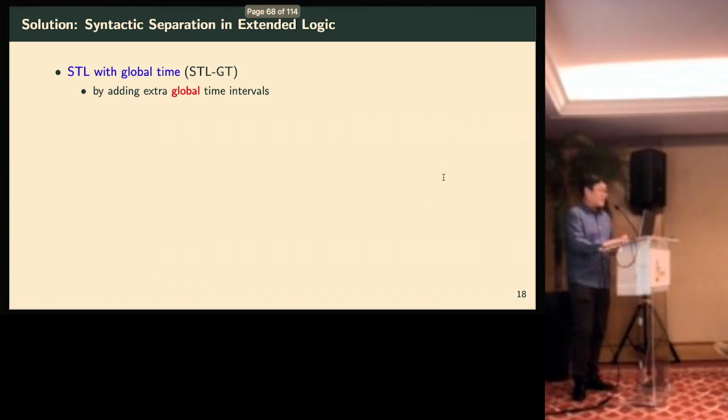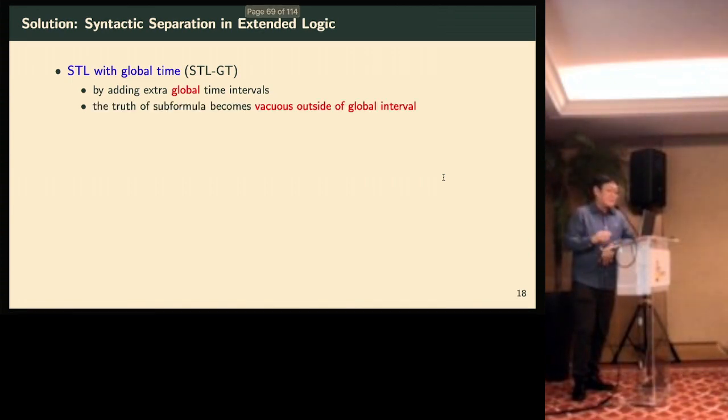Therefore, actually, just consider a slight variation, STL with global time. Okay, so related to another question, right? Because you just want to add global time as well. Then the truth of the formula becomes vacuous outside of the global interval. Therefore, you can naturally make all the subformulas independent, each restricted to a specific interval.